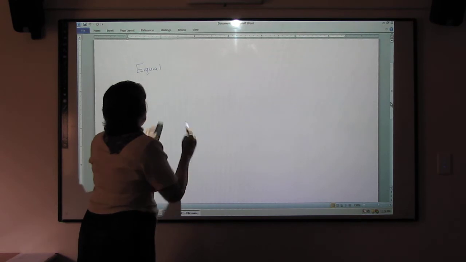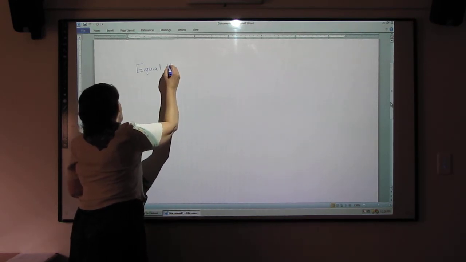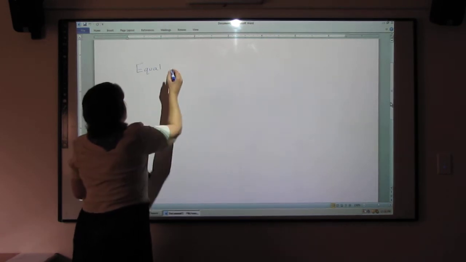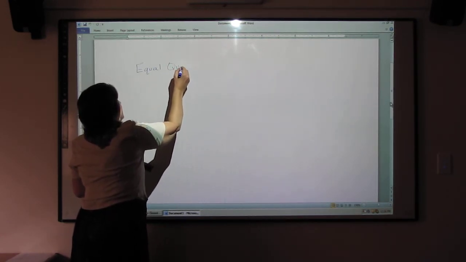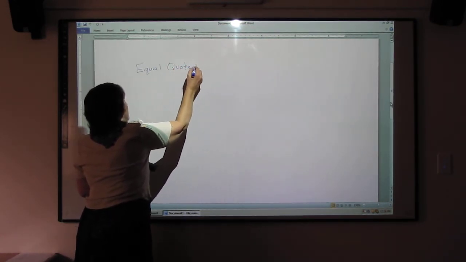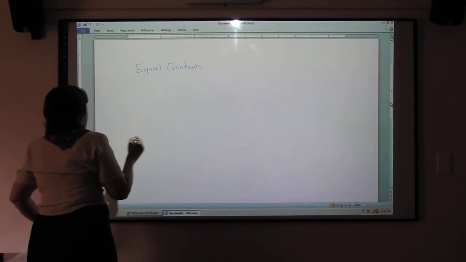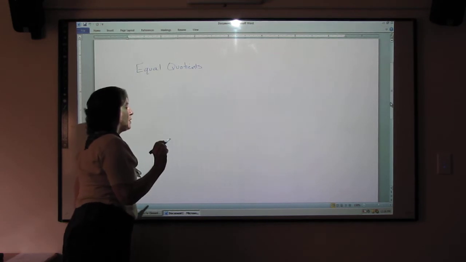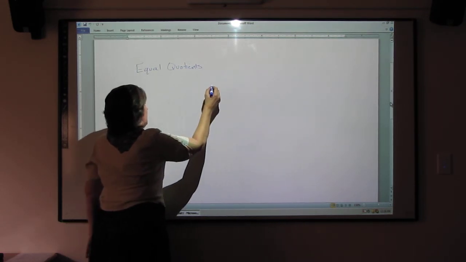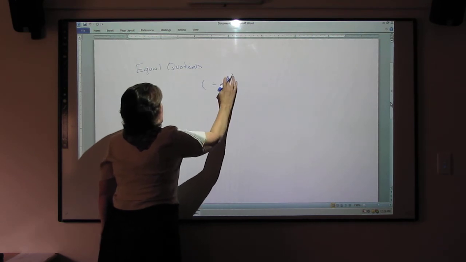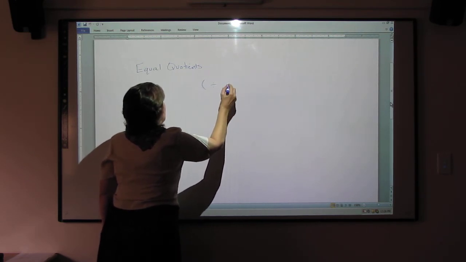A very similar idea occurs in division, where we have equal quotients. Now, the identity property works here as well. But since I'm dividing, I have to think, what divided by what equals what?